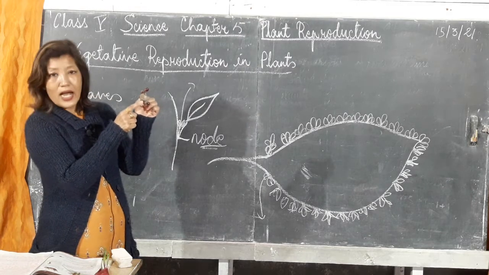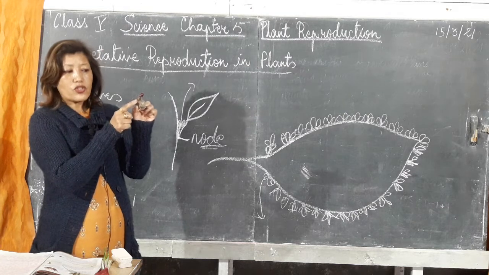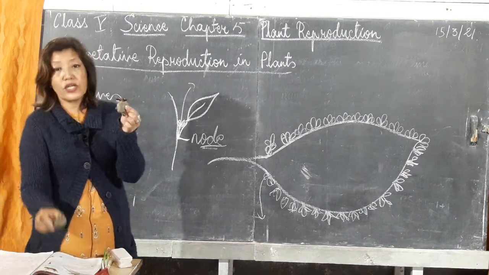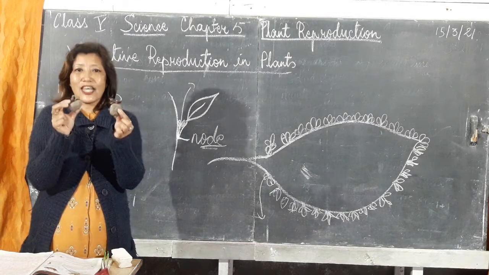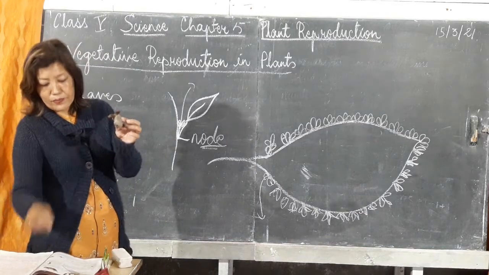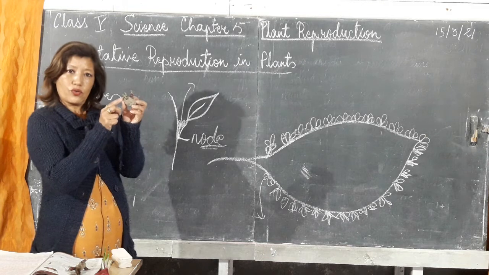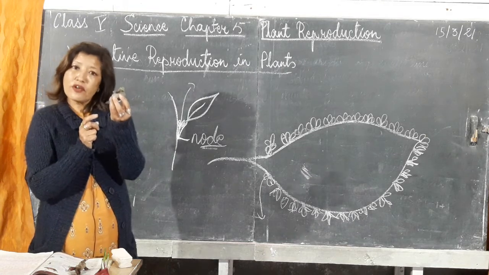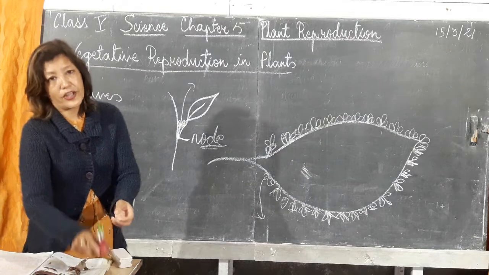So, from these eyes, the new potato plant will grow. And potato is an underground modified stem. So, from the eye of the potato, the new plant will grow. That is vegetative reproduction.